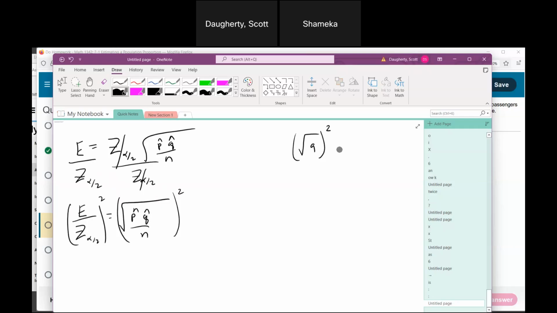If you were to square this, the square root of 9 is 3, but then 3 squared is 9. So when you square a square root, they essentially cancel out, right? And you're left with the number inside. So the reason I'm doing this is I want this square root to cancel out, so I'm squaring it. And when I do that, you're just left with what's in here, right? p hat q hat over n.